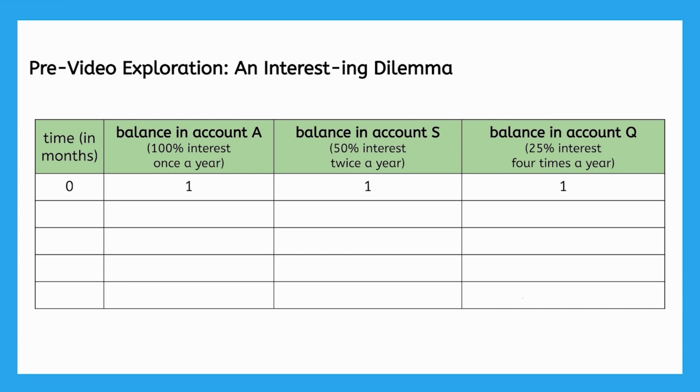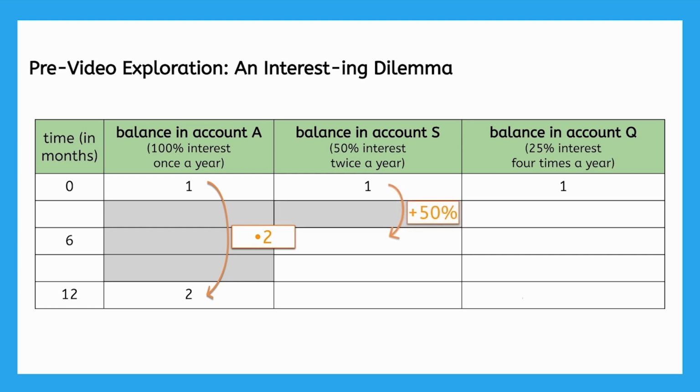To find the balance in account A after 1 year, or 12 months, we need to add 100% once, which is the same as doubling, resulting in a final balance of $2. For account S, we need to add 50% twice a year. But wait, isn't that just the same as adding 100% once, like we did in account A? Let's see. We can add the first 50% halfway through the year.